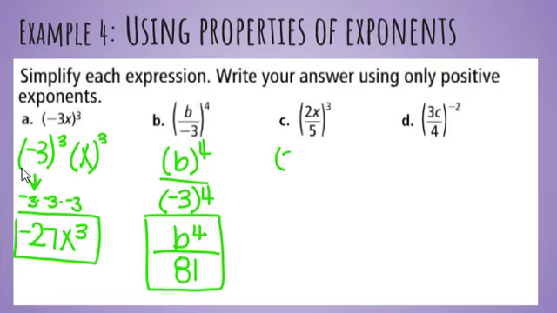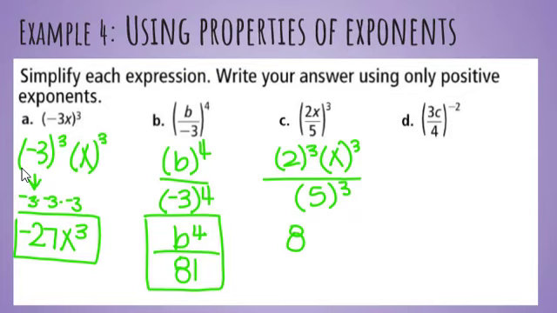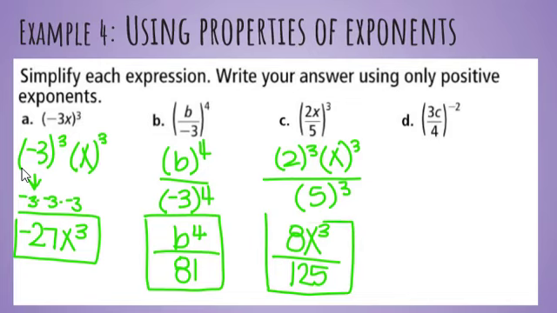So when I rewrite this, I'm going to have 2 to the 3rd power times x to the 3rd power all over 5 to the 3rd power. So now we're going to go ahead and simplify these out. 2 to the 3rd power is 8. x to the 3rd power is going to give us x cubed. And then 5 to the 3rd power is 125. So our final answer here is 8x cubed over 125.